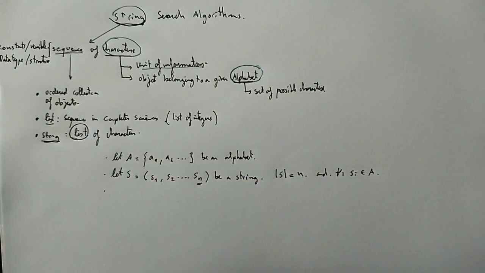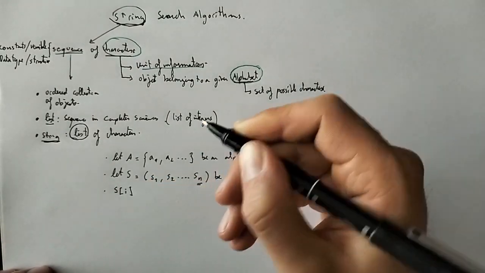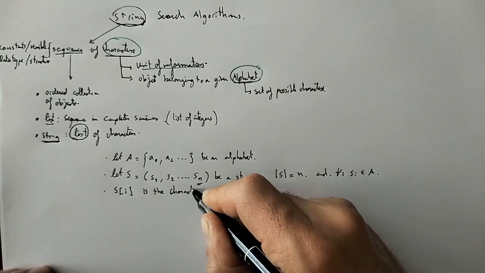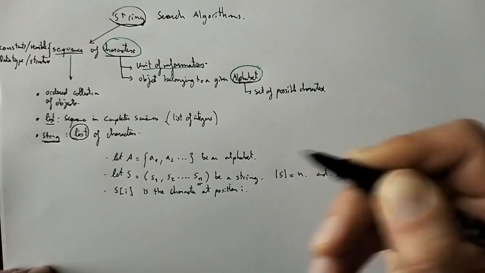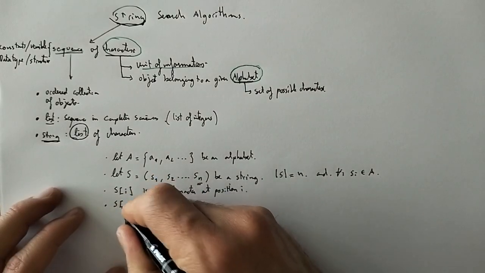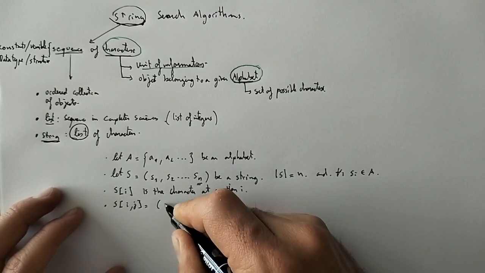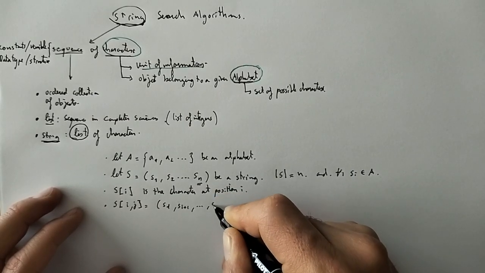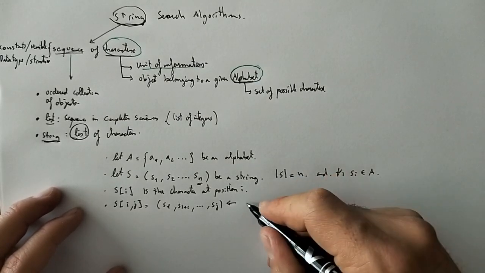And we can also define the character at position i, Si. And we can also define chunks of strings. So for example, we can say S between i and j will be simply Si, Si plus 1, and so on until Sj. We call this chunk of strings a substring.